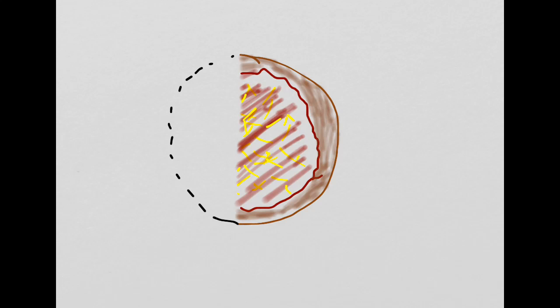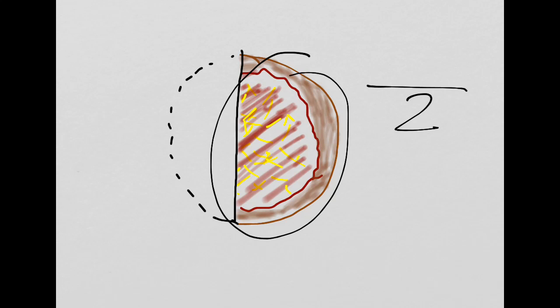So basically, your pizza was divided into two, so that's the denominator, and you only have one of the two sections left to eat. So you basically have half of the pizza.